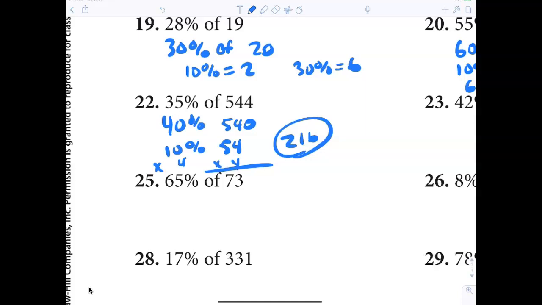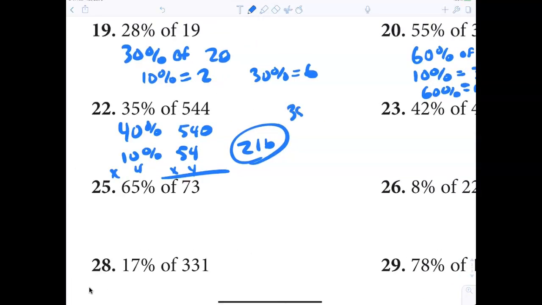Yeah, but that would just be 30% though, if you just multiply by 3. So you just said 35 down, and then 30% times.